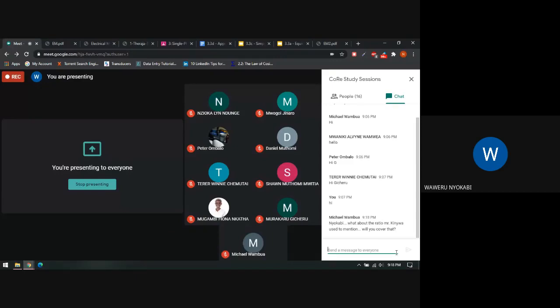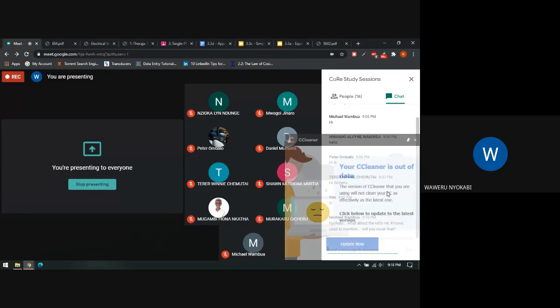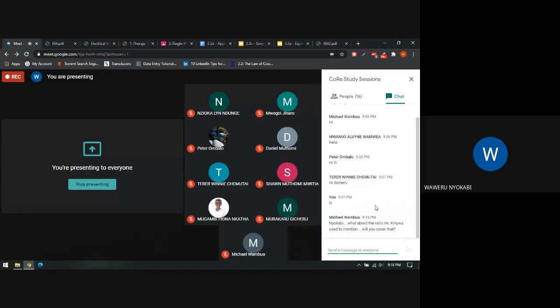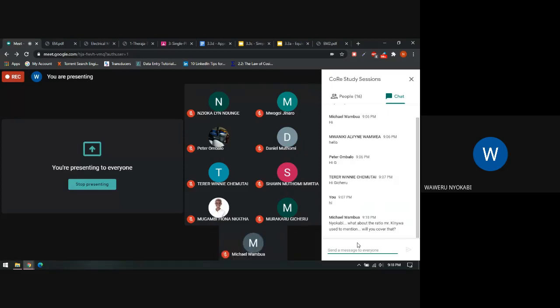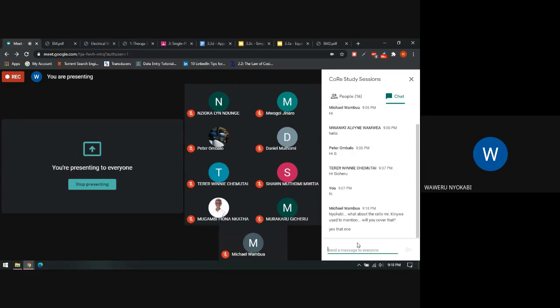What about the ratio Mr. Kenya used to mention? Will you cover the turns ratio, Amma? Which ratio? Oh, that one was under transformer basics.